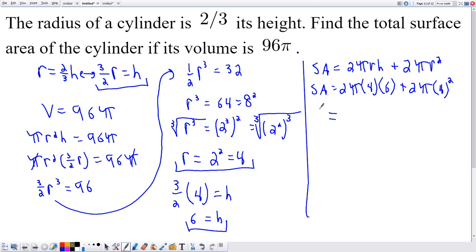Now let's start multiplying this out. So 4 times 6 is 24. 24 times 2 is 48. So we have 48 pi.